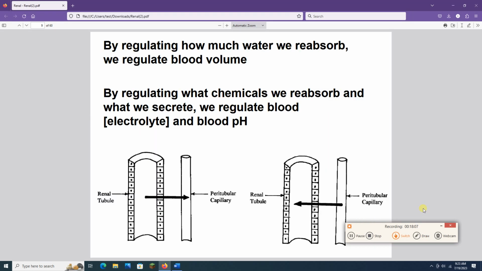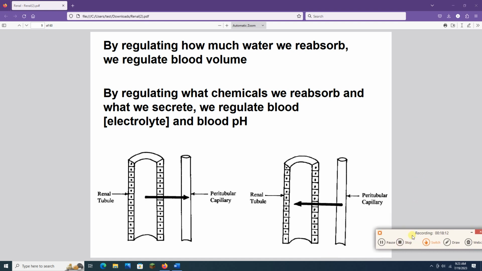All right. And here's a key factor. If I am regulating the amount of water that I'm going to reabsorb, I can regulate blood volume.